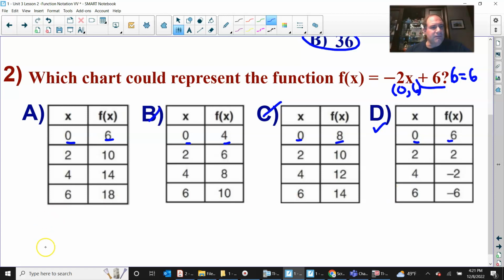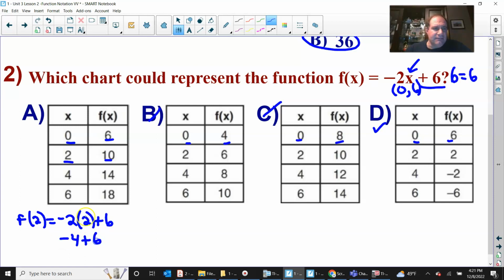Remember, the input and the output has to match. So let's go over here because I see negatives here. Let's go to this one. So 2 to 10. If I substitute 2 in here, I'm supposed to get 10. So I'm going to do f of 2 equals -2 times 2 plus 6. This is -4 plus 6.